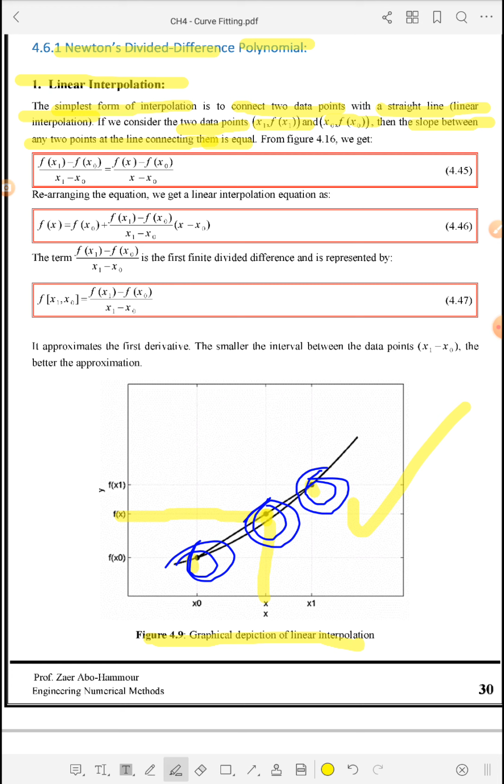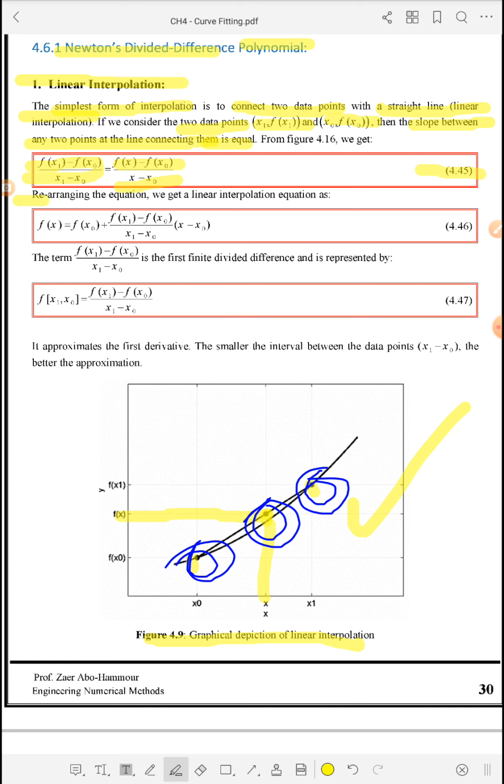And based on that, we return back to equation 4.45. This is the slope, f of x1 minus f of x naught divided by x1 minus x naught, and this is the slope of the line connecting x naught, f of x naught and x1, f of x1.